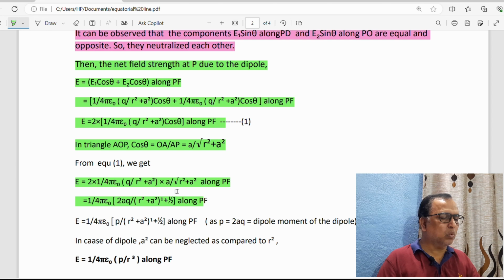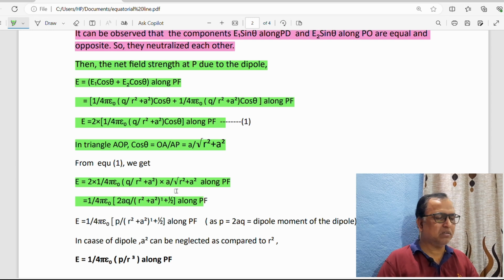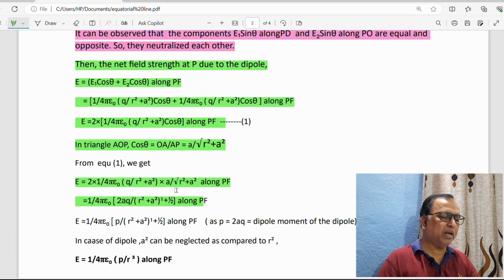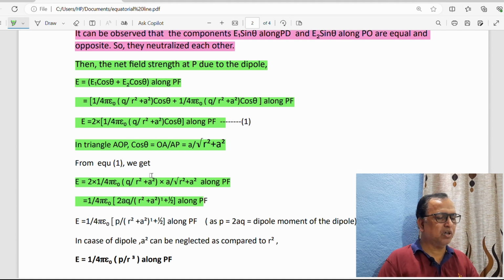That is equal to 1 by 4 pi epsilon naught, 2aq by r square plus a square to the power 1 plus 1 by 2, along PF. What is 1 plus 1 by 2? That is equal to 3 by 2. So E is equal to 1 by 4 pi epsilon naught, p by r square plus a square to the power 3 by 2, along PF.